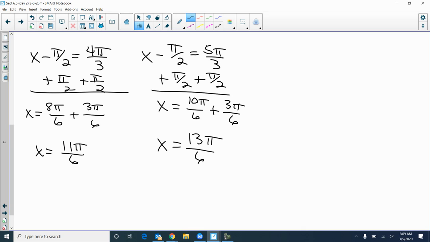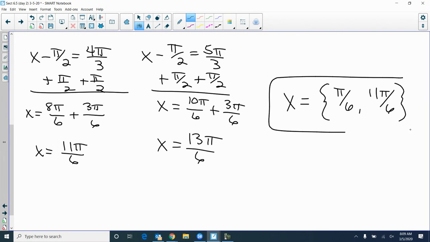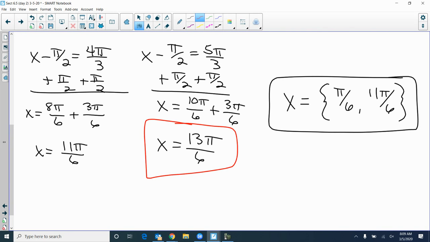It comes up every now and then. Your two answers for this will be pi over 6 and 11 pi over 6. Those are the two final answers. Why isn't 13 pi over 6 included there? It's not incorrect.